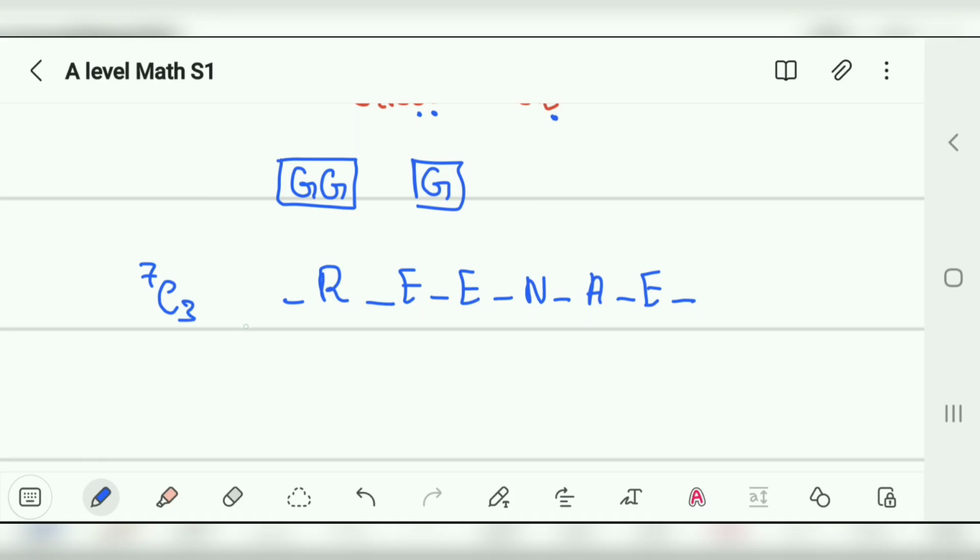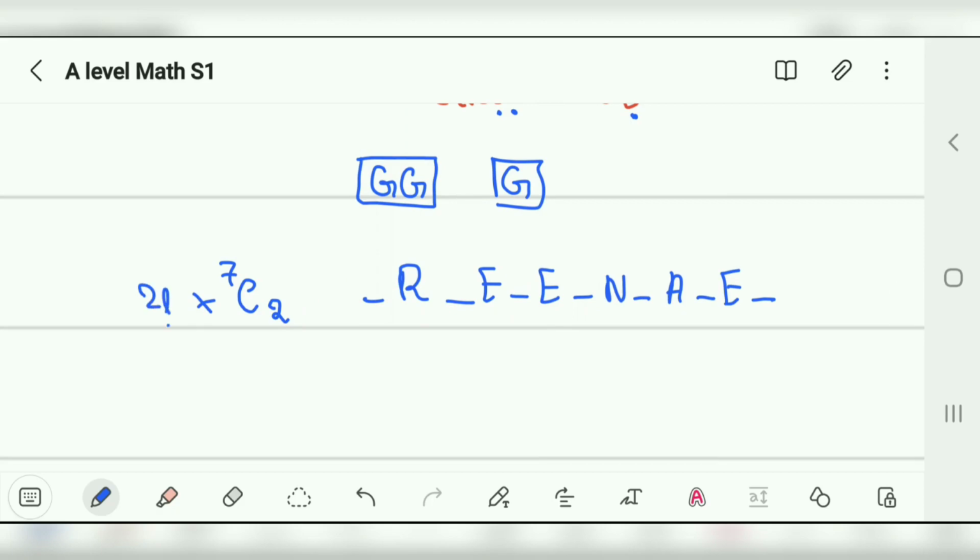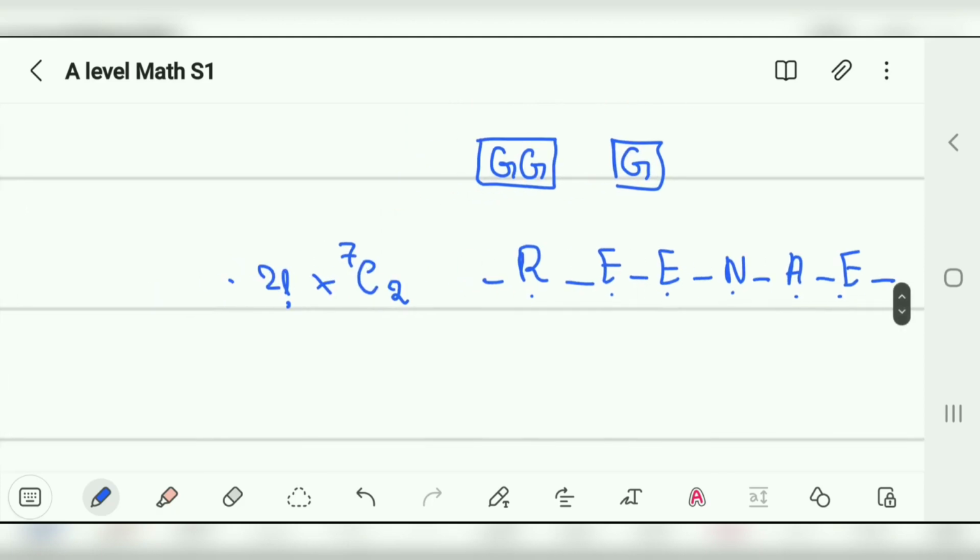Then we're going to do 7C2. They will shuffle, so multiply by 2 factorial, and then all these will shuffle as well. So 1 2 3 4 5 6, so multiply by 6 factorial upon 3 factorial, and this is the answer.